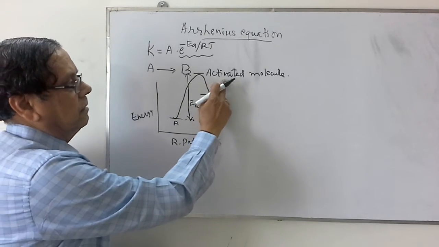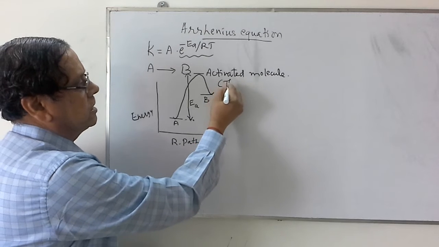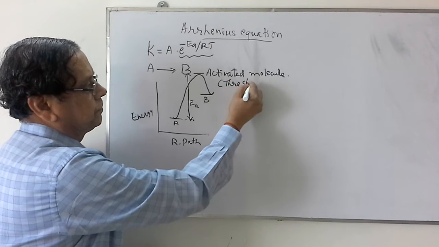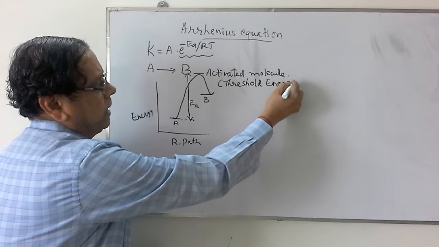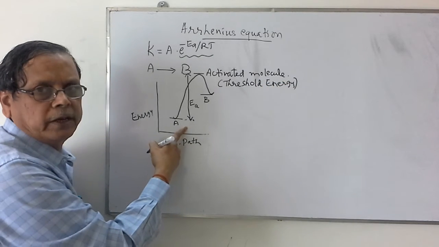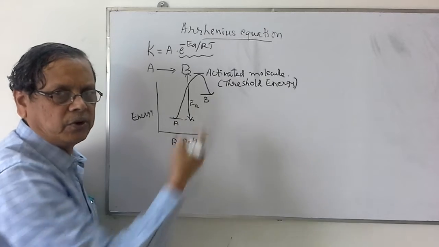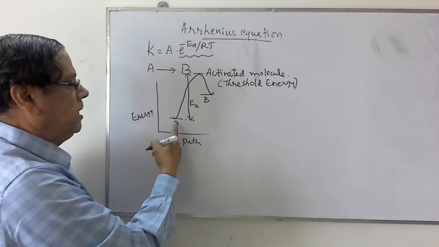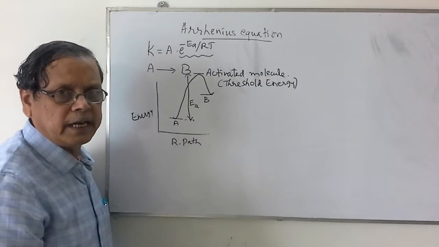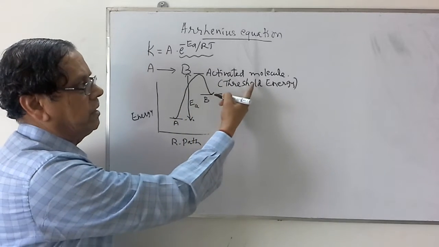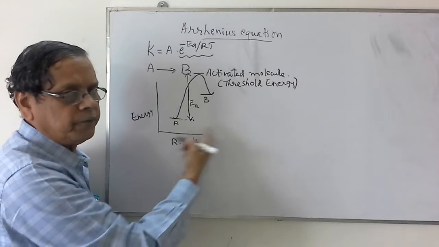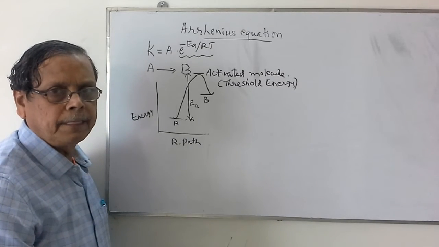The energy possessed by the activated molecules is called threshold energy. But the energy possessed by the reactant molecules will always be less than the threshold energy. All these reactant molecules will not take part in the reaction. Only those molecules which reach this activated state or threshold energy will take part in the reaction.